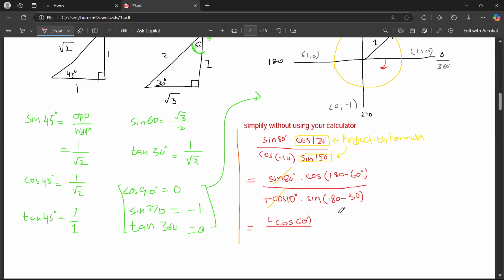And then sine 180 minus 30 will become the plus sine 30. Why? Because this is the sine quadrant.